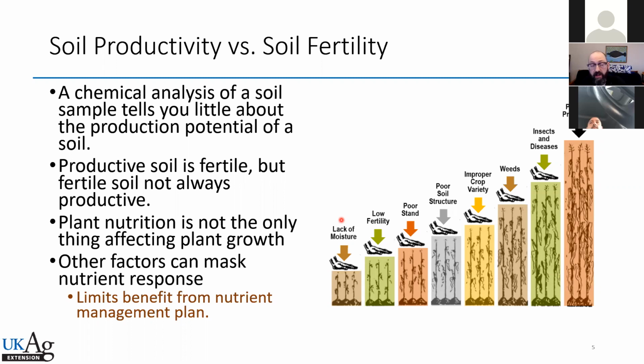We think that that's the answer to all the problems, right? And I'm a fertilizer person, so I'm not complaining, but oftentimes I'll go out to look at a crop and it's clear phosphorus deficiency. Then I'll look at the soil test and there's plenty of soil phosphorus. I look at their nutrient management plan and they've applied plenty of phosphorus. Well, it turns out the pH is too low, so it's expressing phosphorus deficiency because the pH is too low.